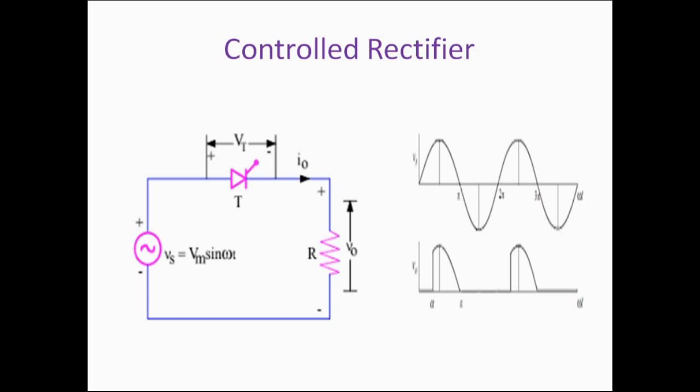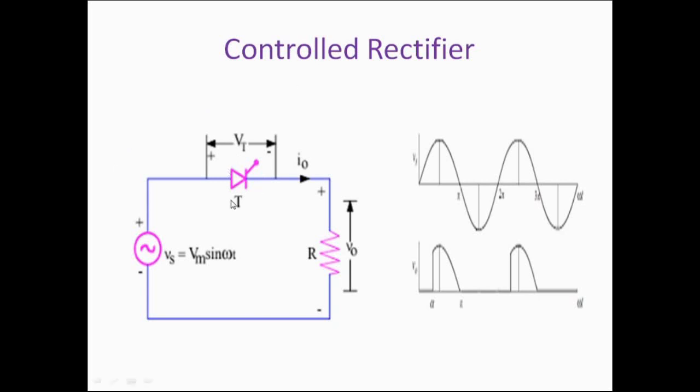In a BJT, if base emitter is forward biased, means in the presence of base current only, current is passed from collector to emitter. Listen here, in all these cases, I am using these devices as a switch.